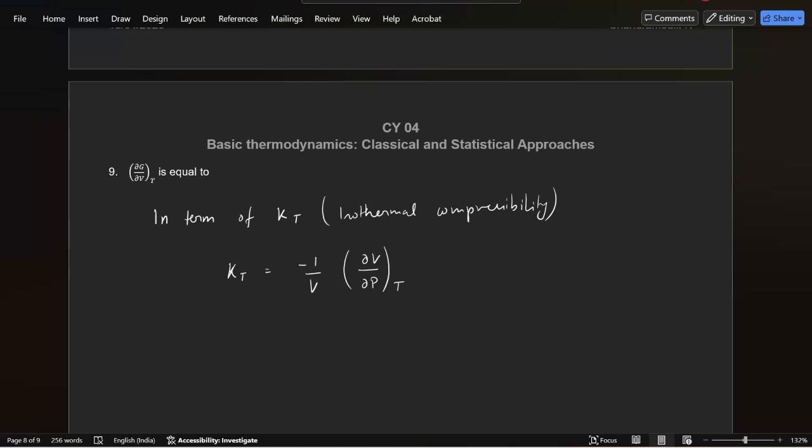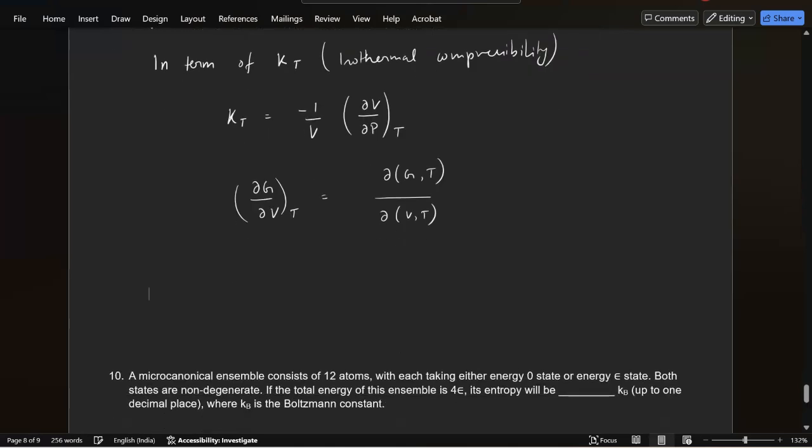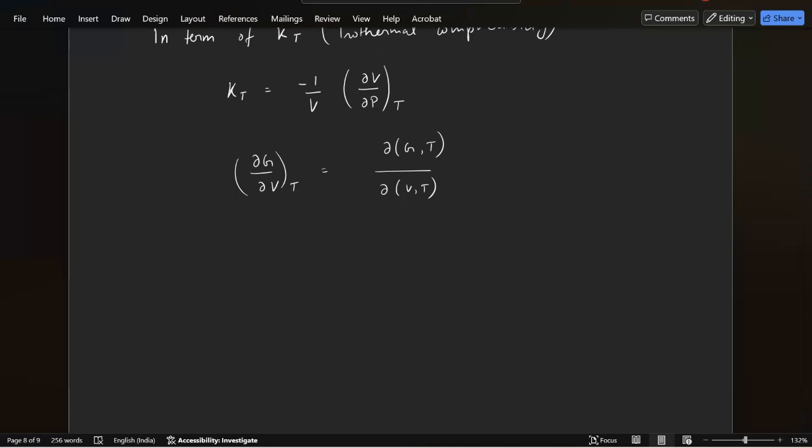What we'll do is, we'll use the Jacobian to transform that. Del G comma T over del P comma T. What I am going to do is multiply and divide by del V comma T, and then we'll exchange them.